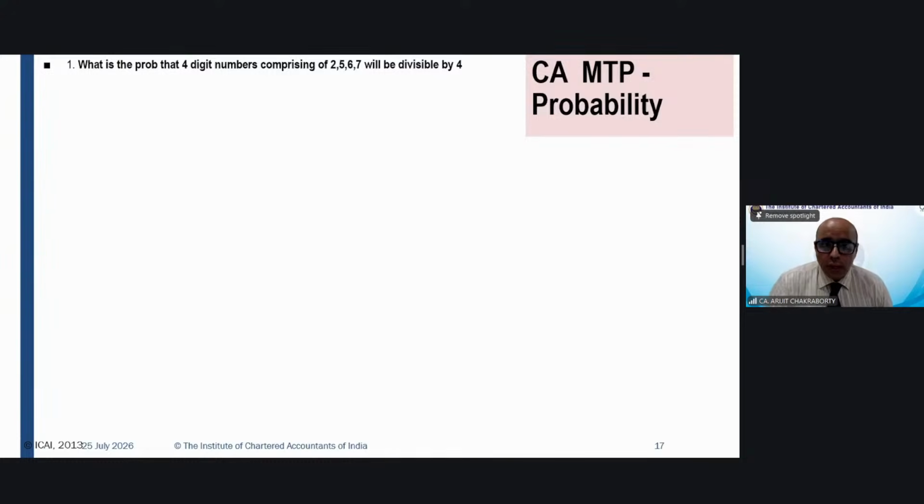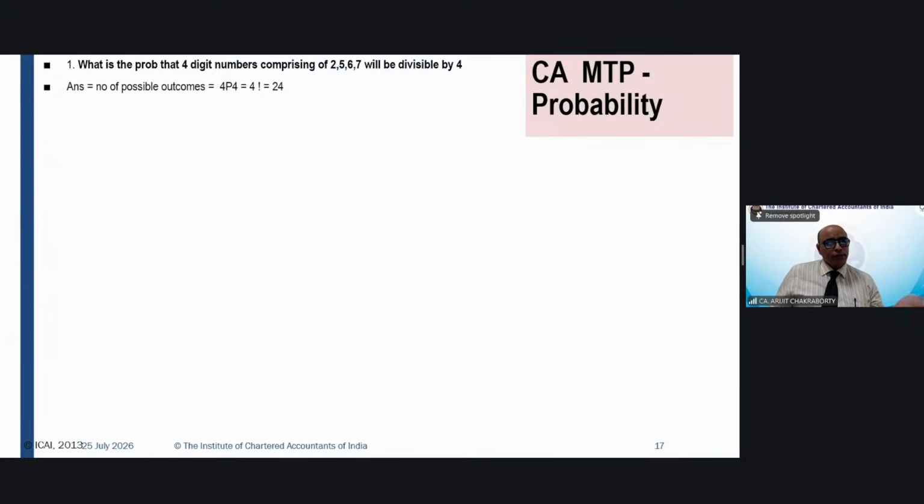Finally, we come to the last part, number of questions we have been looking at. This is the MTP on probability mock test paper, very important for your preparation. What is the probability that a 4-digit number comprising 2, 5, 6, and 7 will be divisible by 4? The digits are given 2, 5, 6, and 7.